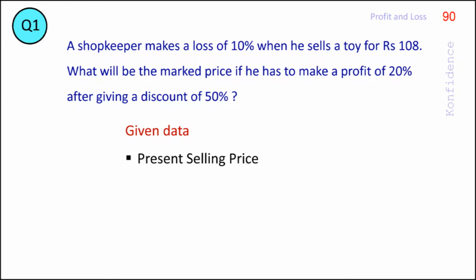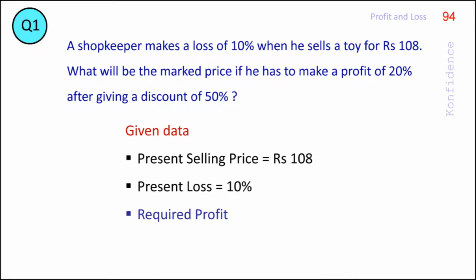Present selling price equals rupees 108. Present loss equals 10%. The required profit: 20%. Discount to be offered: 50%.